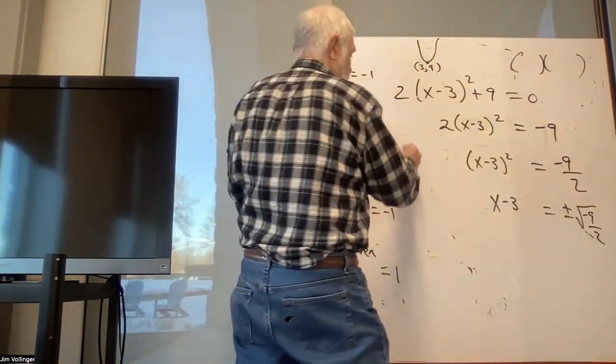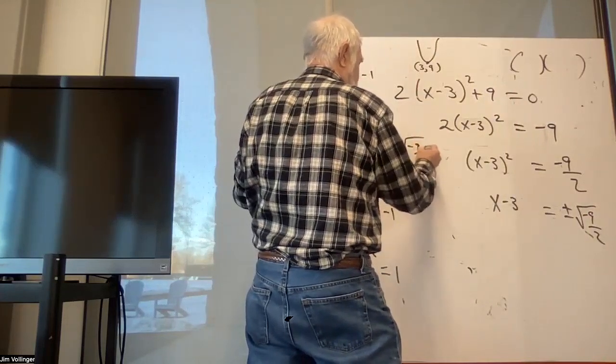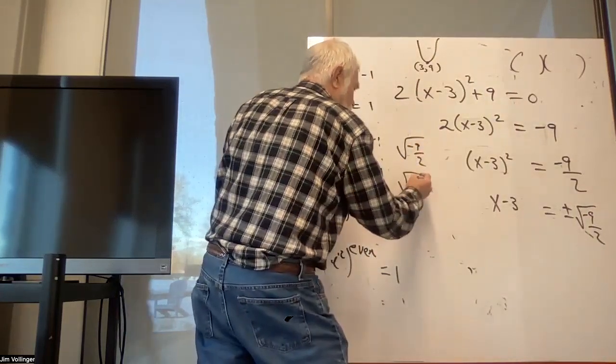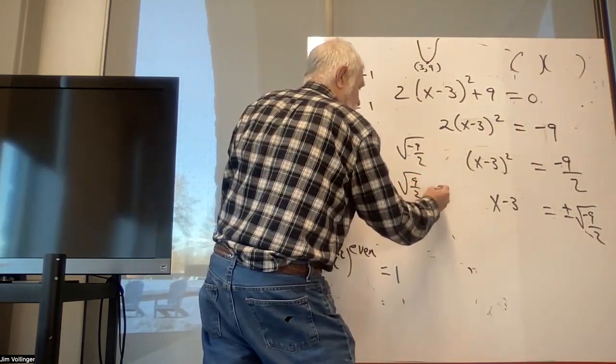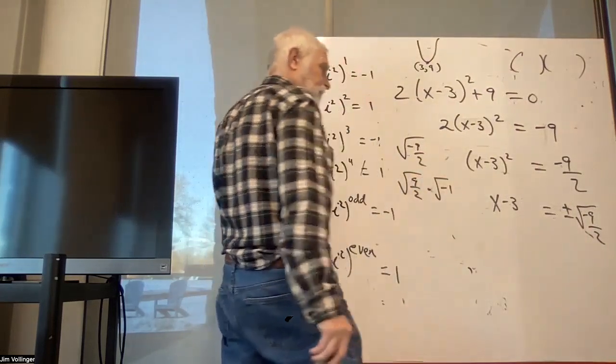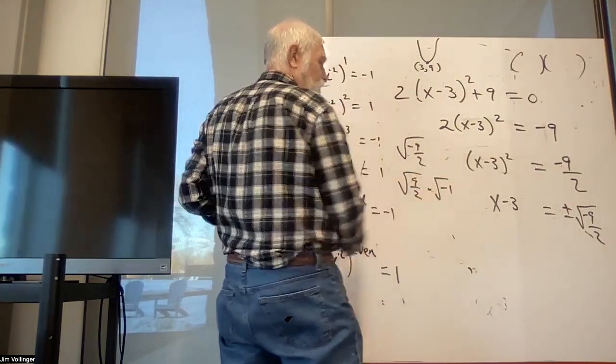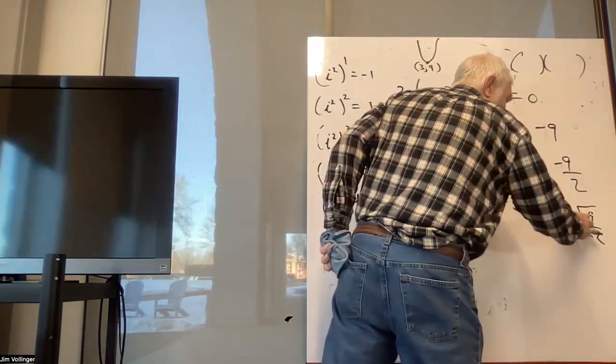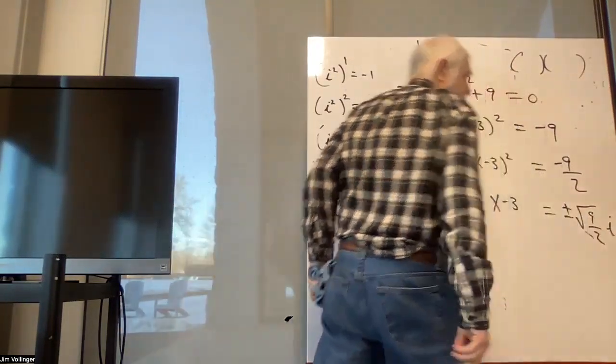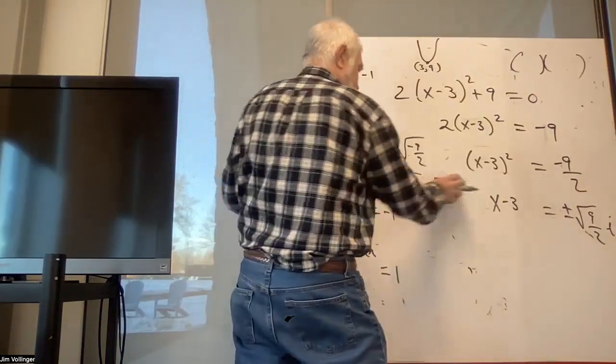And the square root of negative 9 halves is the same thing as the square root of 9 halves times the square root of negative 1. And what's an easier name for the square root of negative 1? Taking that minus sign and writing i after the radical sign.